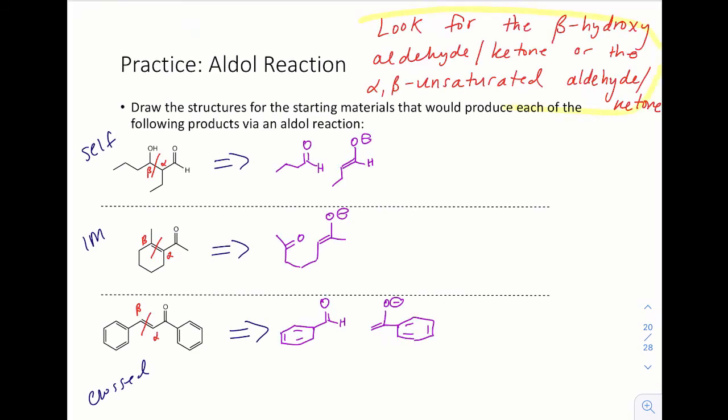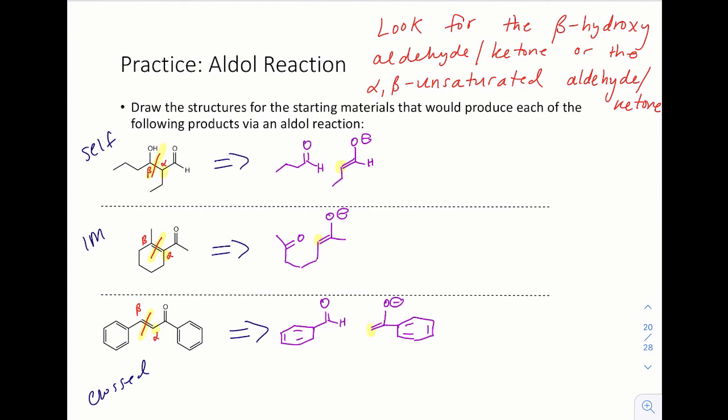Look for the beta hydroxy aldehyde or ketone, or the alpha beta unsaturated aldehyde or ketone in each of these molecules. Then disconnect between the alpha and beta carbons, knowing that the alpha carbon came from the nucleophile. Now, under basic conditions, that will be an enolate. Under acidic conditions, that will be an enol.